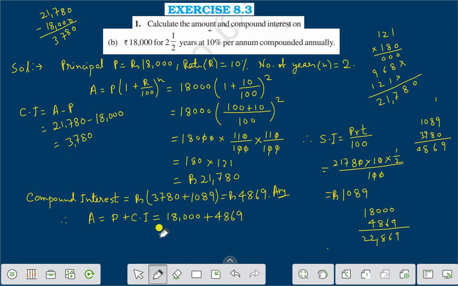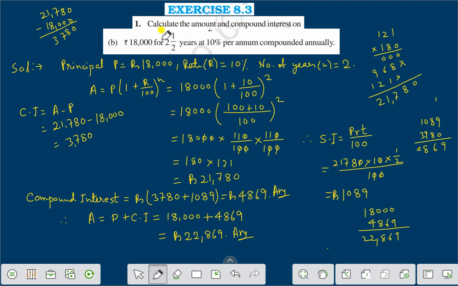The total amount is rupees 22,869, and that is the answer. Here you see total compound interest is 4,869 and amount is rupees 22,869.